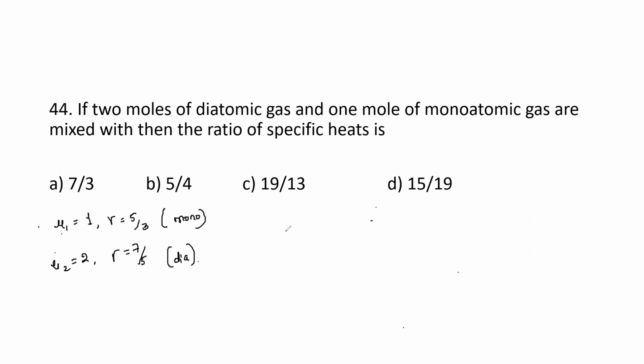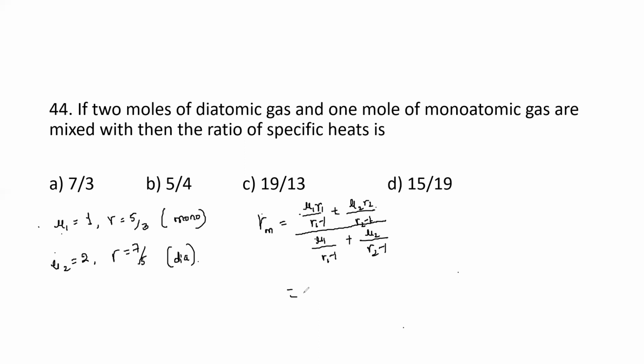So when they are mixed, the formula for gamma of mixture, which we need to remember, is mu1 gamma1 divided by gamma1 minus 1 plus mu2 gamma2 divided by gamma2 minus 1, this whole divided by mu1 by gamma1 minus 1 plus mu2 divided by gamma2 minus 1.